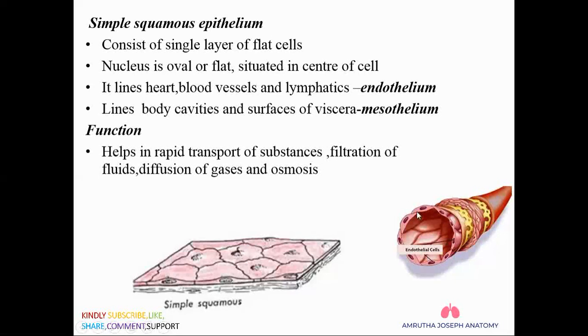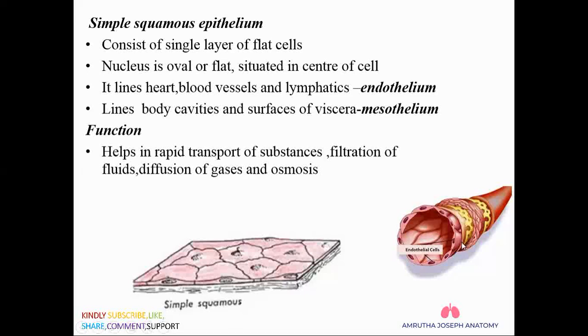Now here it's a blood vessel, and we already said that the inner aspect of the blood vessel is lined by simple squamous epithelium, and the blood vessel is carrying blood, and these are very close to the nearby tissues. The tissues need oxygen, and whatever carbon dioxide they have has to be transported into the blood.